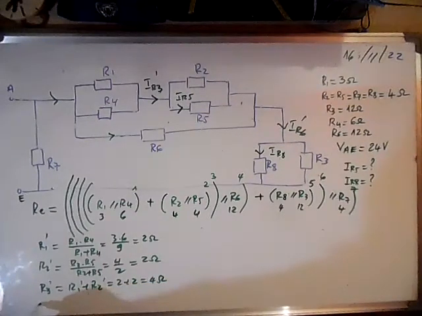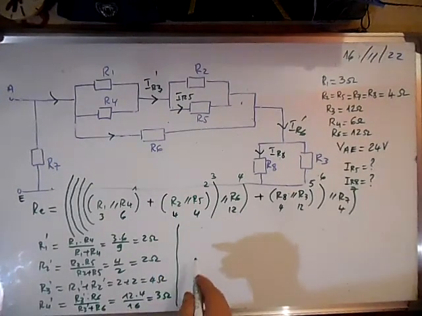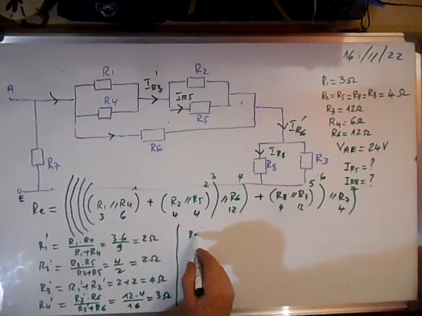And R4 prime is R3 prime times R6 over R3 prime plus R6. This is 12 times 4 over 16, which gives us 3 ohms. And now we calculate R5 prime.